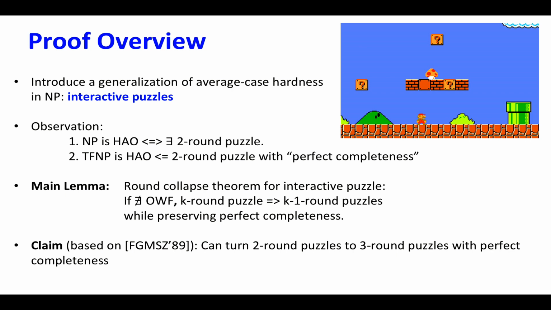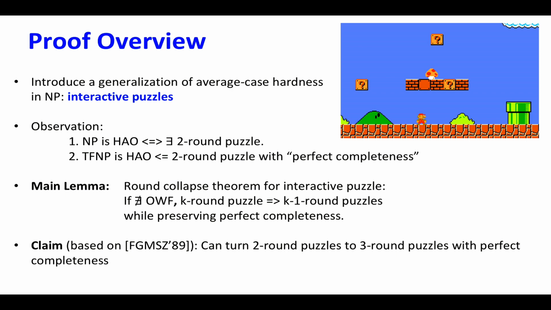I didn't mention it, but in fact, it's easy to see that this transformation preserves perfect completeness also. Now, we also observed that two-round puzzles are equivalent to NP being hard on average, and TFNP hardness is implied by the existence of a two-round puzzle with perfect completeness.